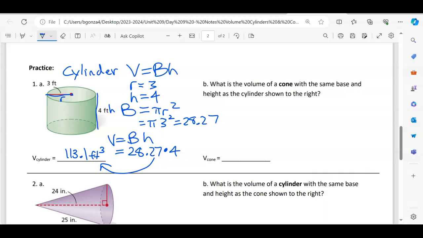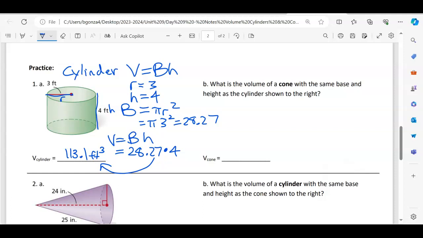Now, here's the deal. On all these problems, off to the right, they're going to ask you, given what you just found, can you do the same thing with the other shape? So given a cylinder's volume, can you go back to a cone? Now look, we're reminding you, if you go from a cylinder to a cone, is that getting bigger or smaller? Smaller, right?